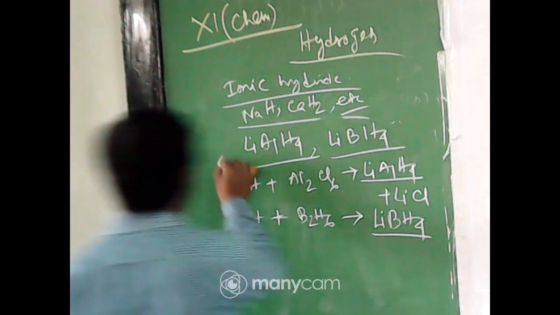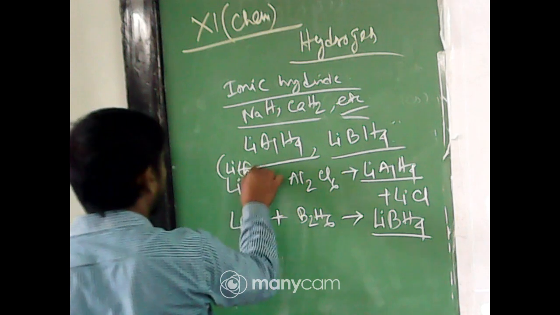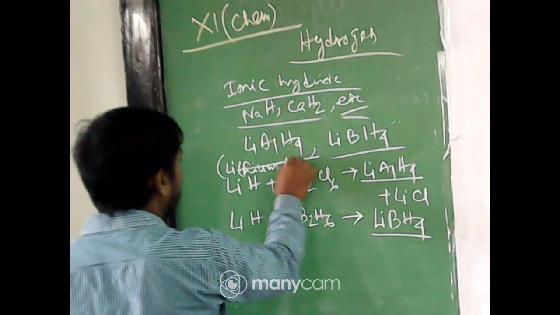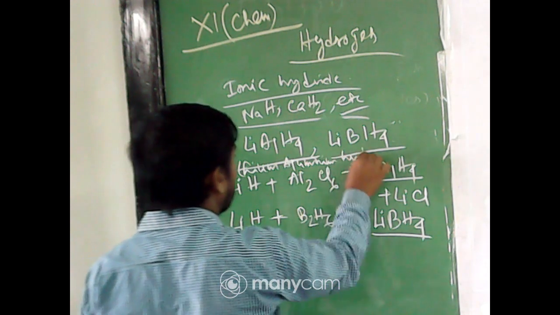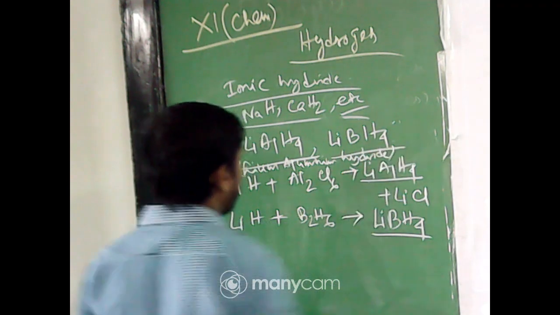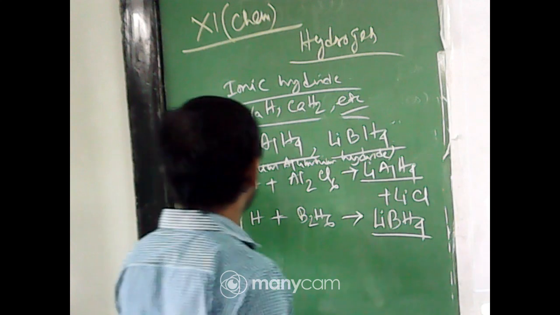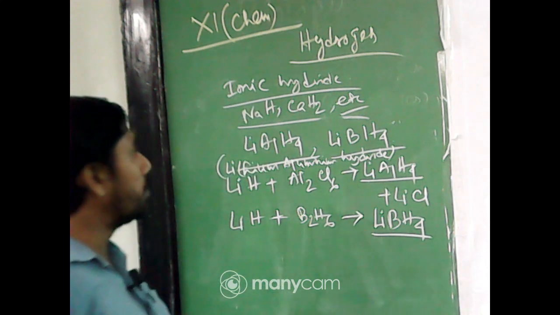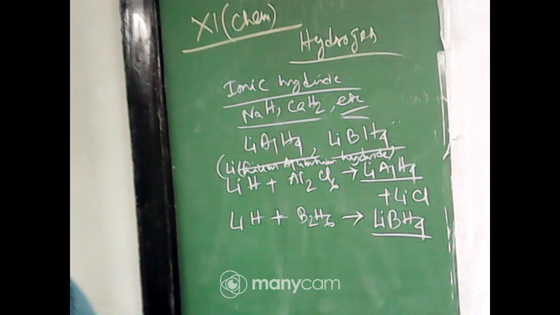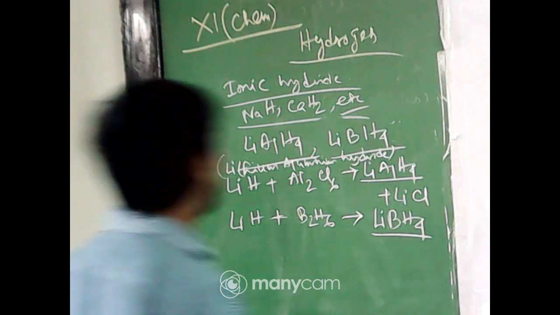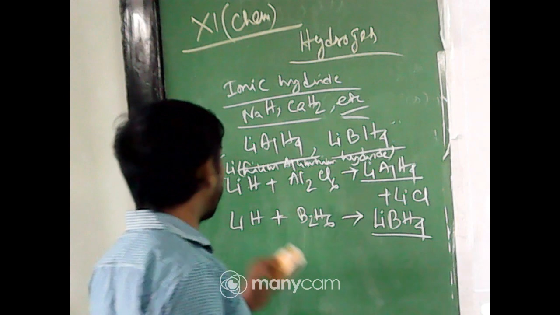The names of these compounds are lithium aluminium hydride and lithium borohydride. Another one is sodium borohydride, where you take NaH in place of LiH.